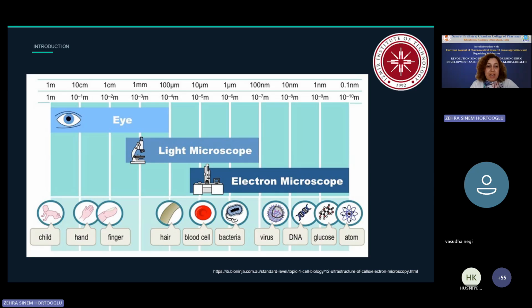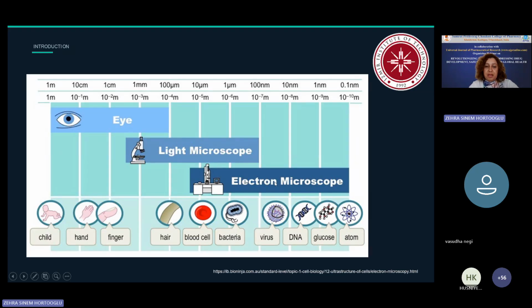This picture shows what we can see: our eyes at 1 meter down to 100 micrometers, the light microscope from 100 micrometers to 100 nanometers, and the electron microscope from 10 micrometers down to 1 nanometer. It is very little. With the electron microscope we can see viruses, DNA, glucose, and atoms.